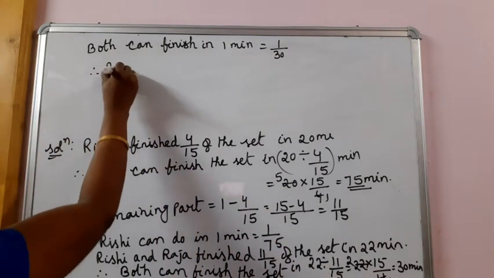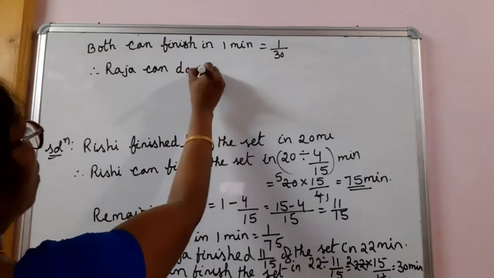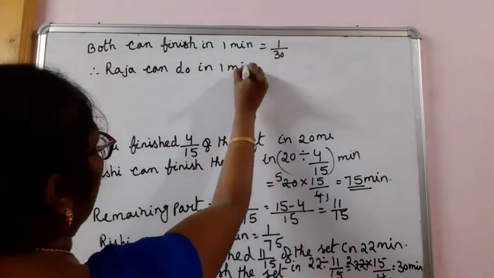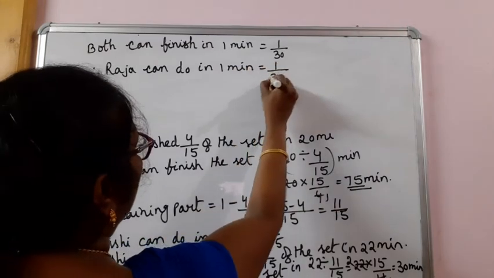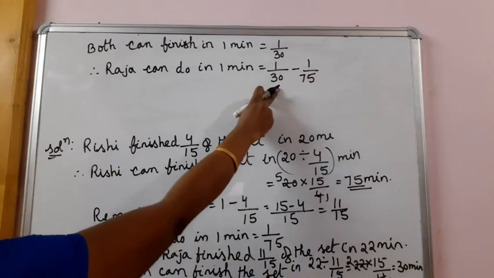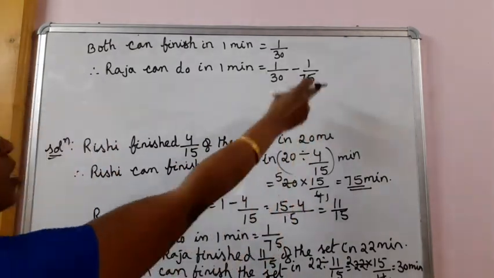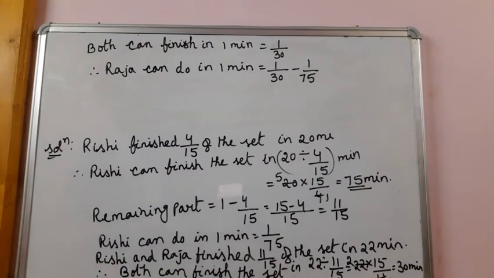Therefore, Raza can do in 1 minute 1 by 30 minus 1 by 75. This is what both can do in 1 minute, and this is what Rishi can do in 1 minute. When we subtract, we get how much Raza can do in 1 minute.